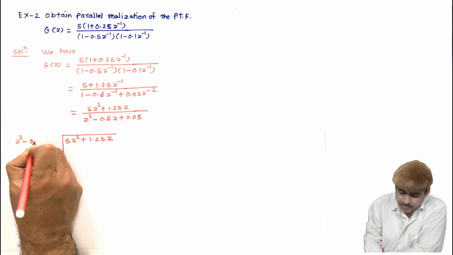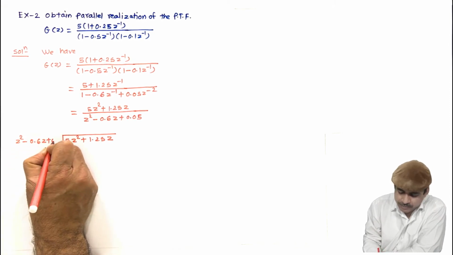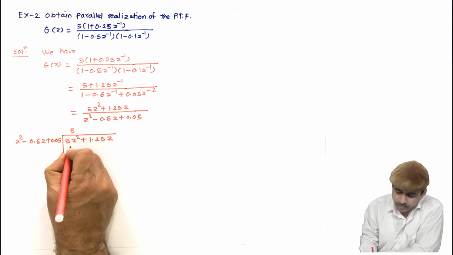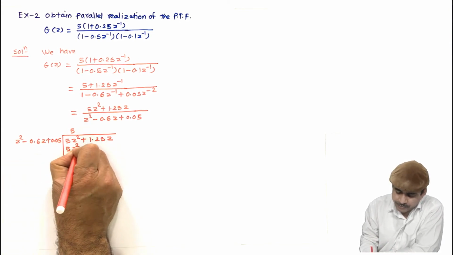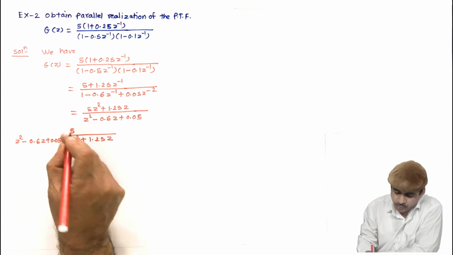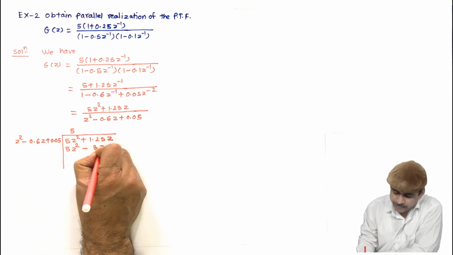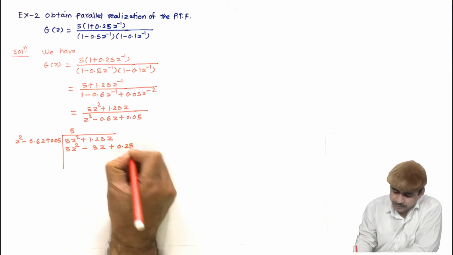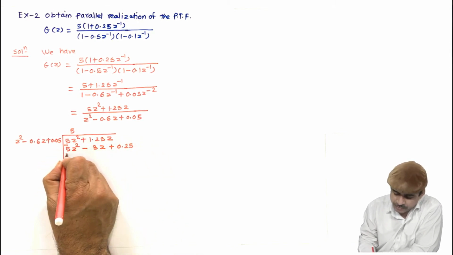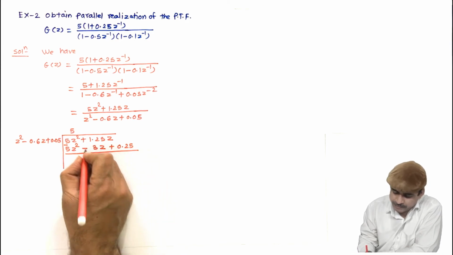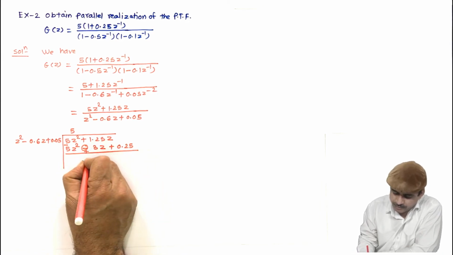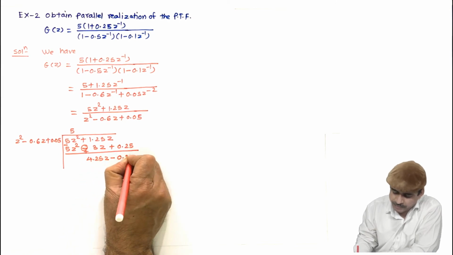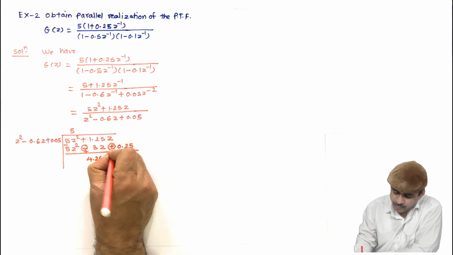Z square minus 0.6z plus 0.05. So I have multiplied by 5. So this will be 5z square minus 0.6 into 5 is 3z plus 0.25. This is subtraction. So here I will get 4.25z minus 0.25.